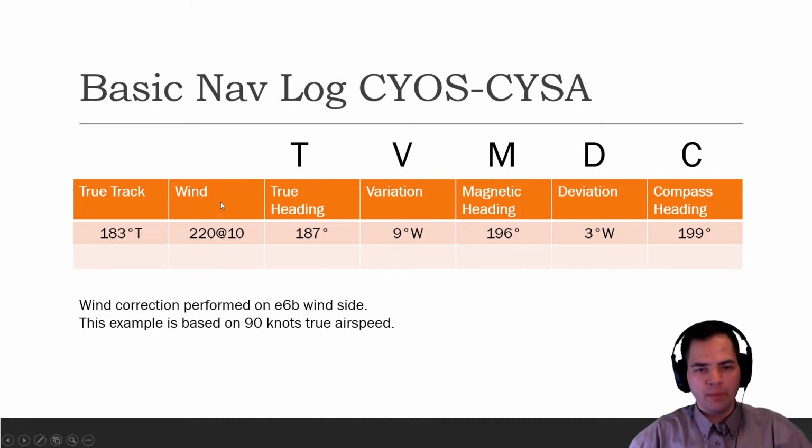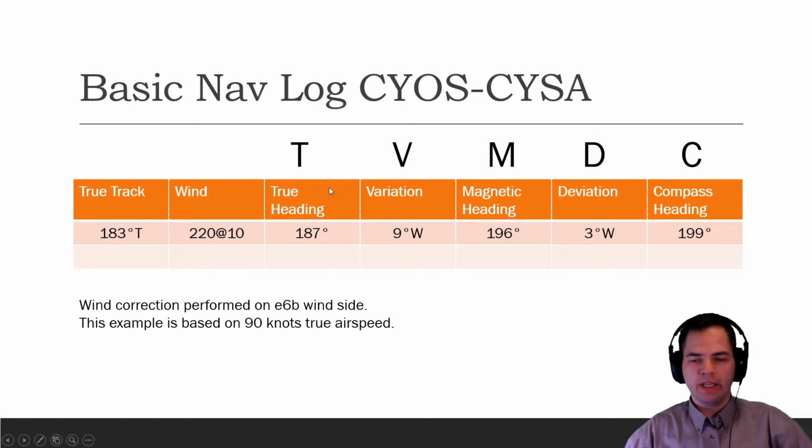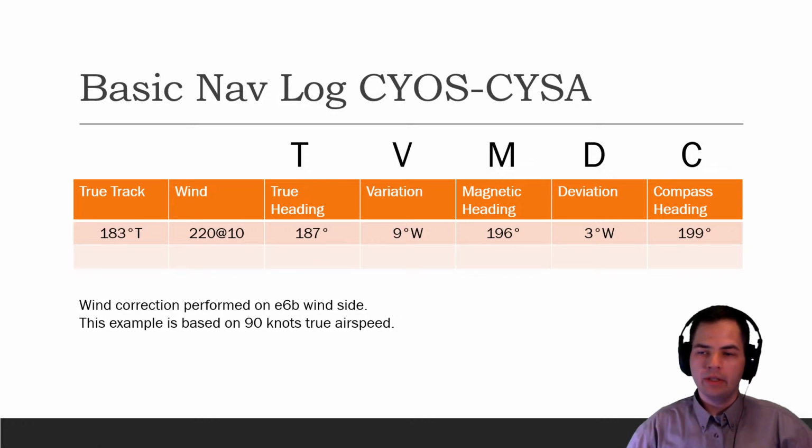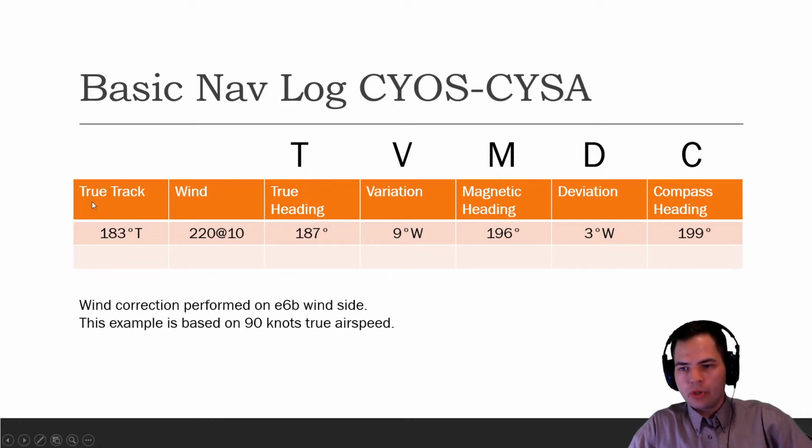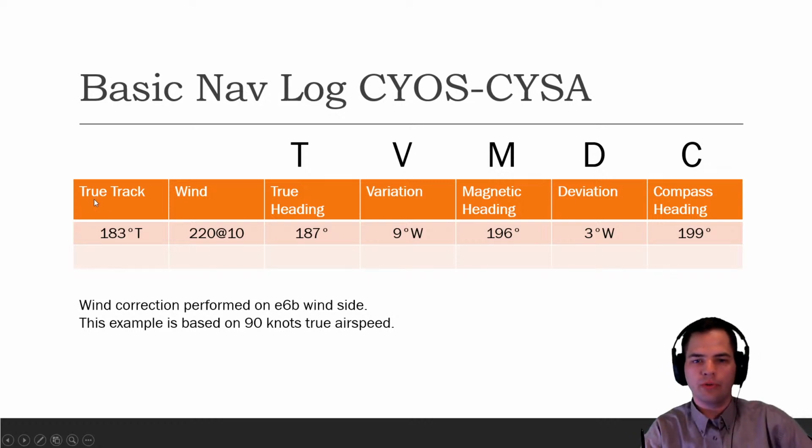But when I put that in, what I find is for this true track, this wind, and my 172 flying at 90 knots, I get a true heading of 187. So the difference between the track and the heading is wind, right? True track is the direction the airplane is moving over the ground. True heading is the direction the airplane is pointing. So that's a pretty important difference.